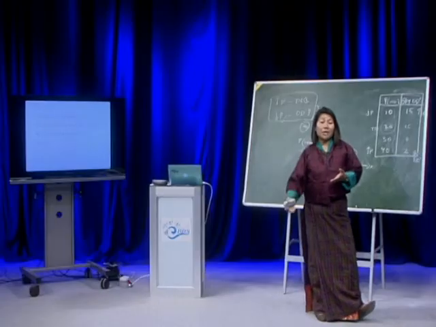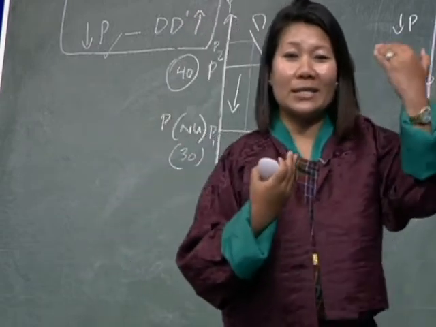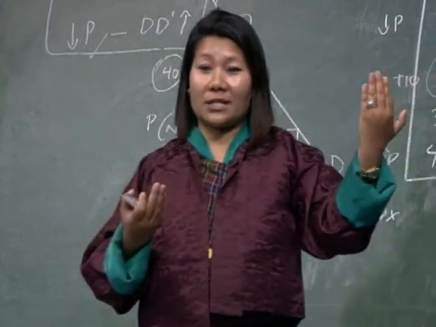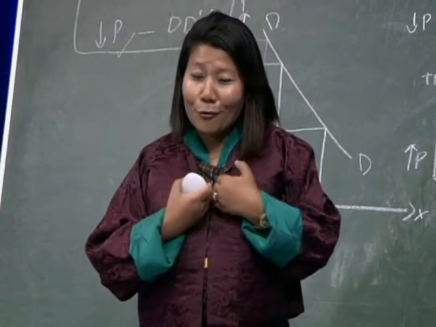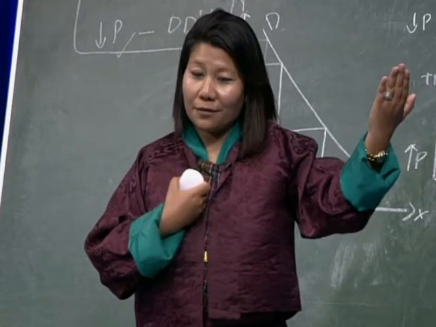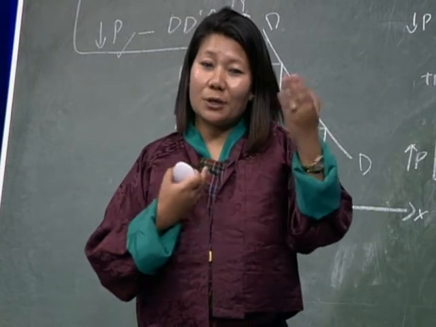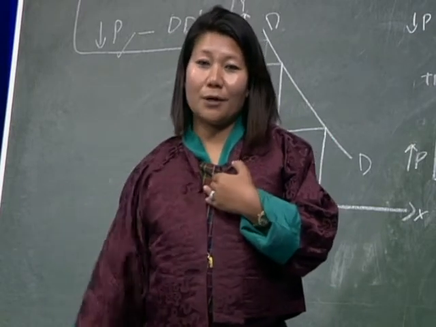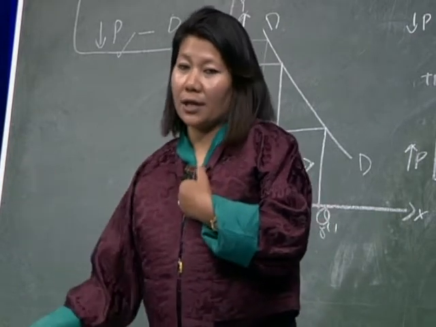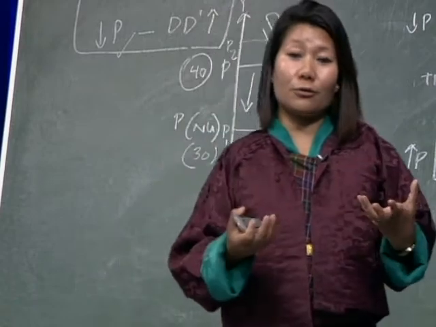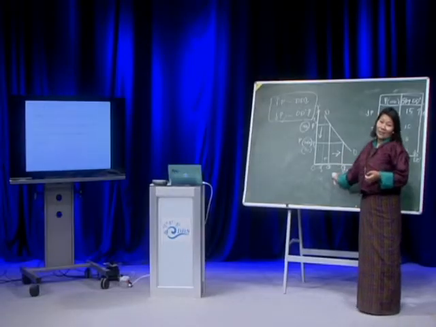But when the price of the mango has fallen, what happens is my purchasing power rises. Because the price of the mango has fallen, I have more money now, because earlier I paid 250, now the price of the mango has fallen to 100. So which means with my same income, because of the fall in the price of the mangoes from 250 to 100, I can buy more mangoes. So therefore, lower the price, more the demand.